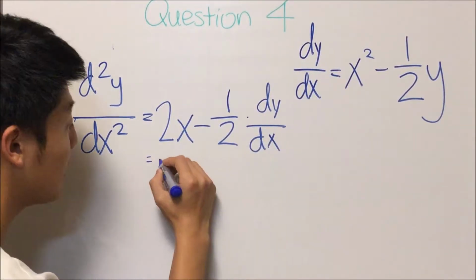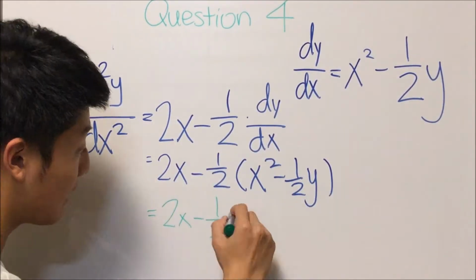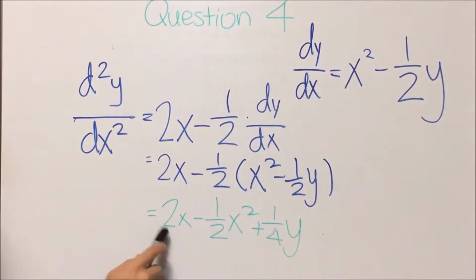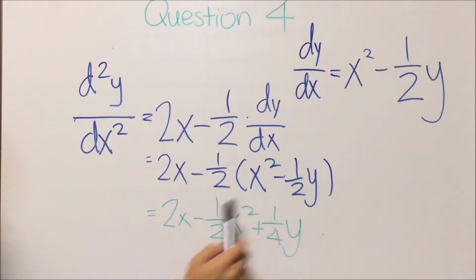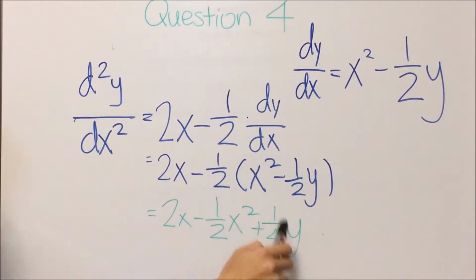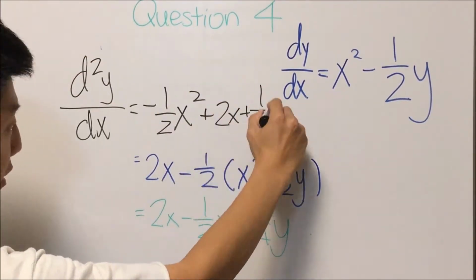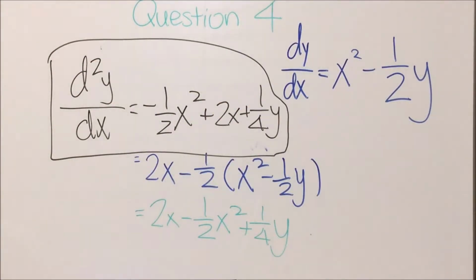So you just need to plug in. And this will be our final answer, which, simplifying, is 2x minus 1/2 x squared plus 1/4 y. To make it a little clearer, this will be our final answer. And this was part A.